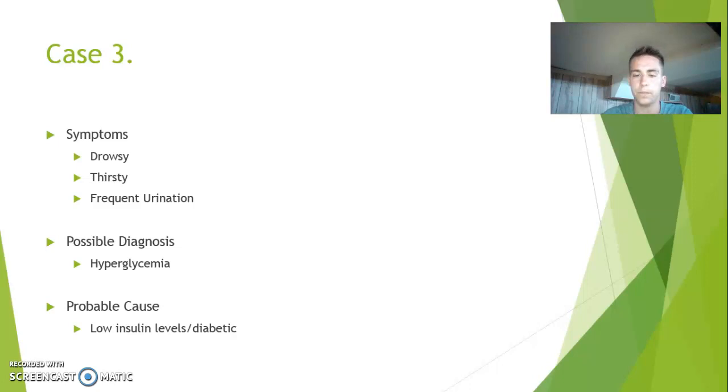So without having the insulin there to promote glycolysis, it starts to build up, mainly in the bloodstream, which is why they're pulling blood samples. And there's not a significant amount of regulation going on.